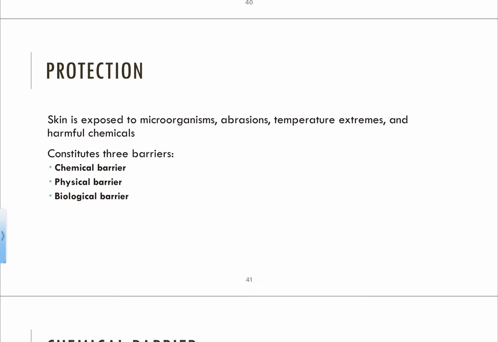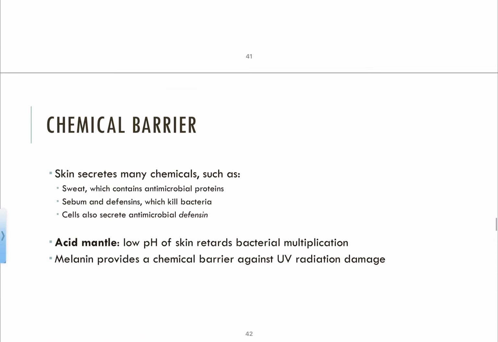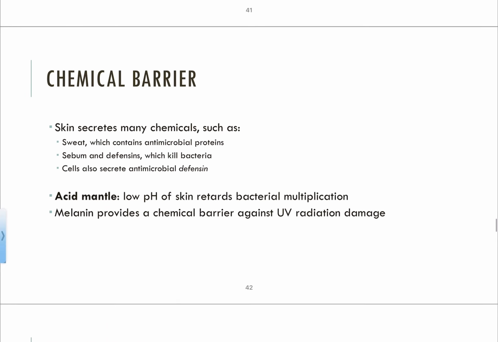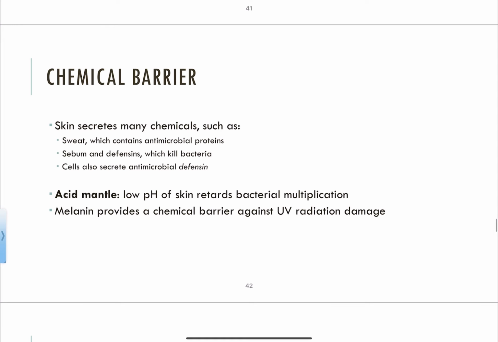So we have three different barriers. So we have one that protects against chemicals, physical substances, and we have a biological barrier when we're talking about the skin. So the chemical barrier basically constitutes all the chemicals that our skin can secrete, one of which is sweat, which we already talked about, which does contain some antimicrobial proteins.